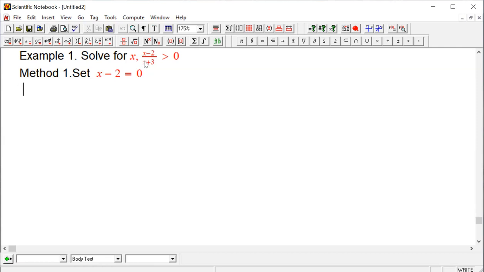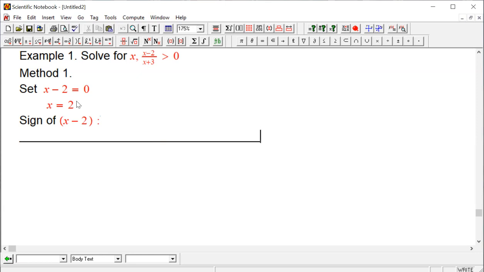Setting the numerator equal to 0, we get x equals positive 2. What does it tell us? This tells us that x minus 2 changes sign at 2. In other words, look at the sign of x minus 2, which has a domain of all real numbers; x can be any real number.